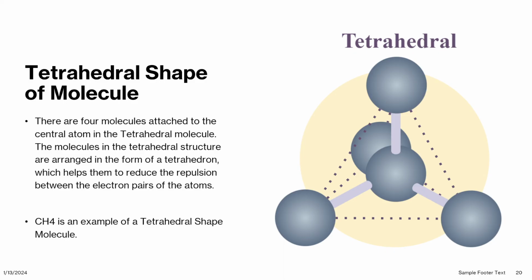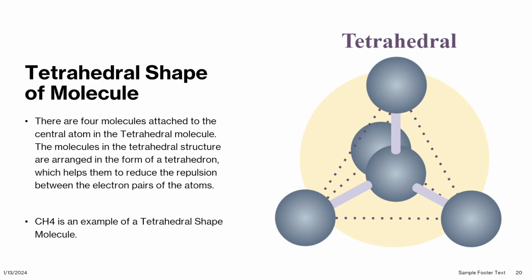Tetrahedral molecules tend to occur when we have four bonded pairs and no lone pairs. The information is on the slide, by the way, I'm just going through it. All of the electrons participate in bonding, and we have four species surrounding a central atom.